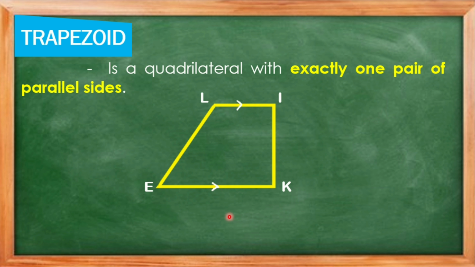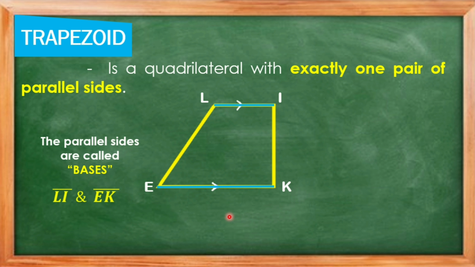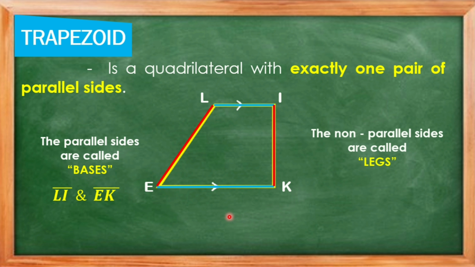Sa trapezoid, ang mga parallel sides at mga non-parallel sides ay merong mga specific na pangalan. These two sides, the parallel sides, are called the bases. And in this figure, we have the bases LI and EK. On the other hand, yung LE at saka yung IK ay mga non-parallel sides or legs.